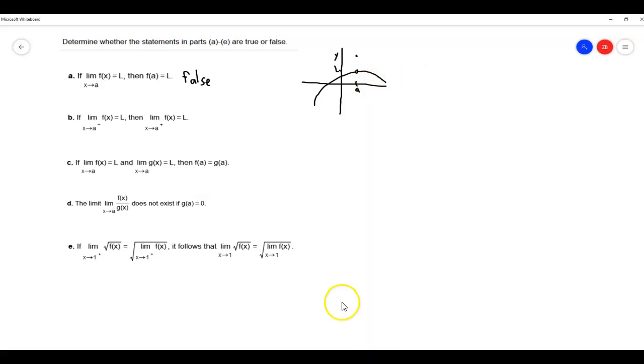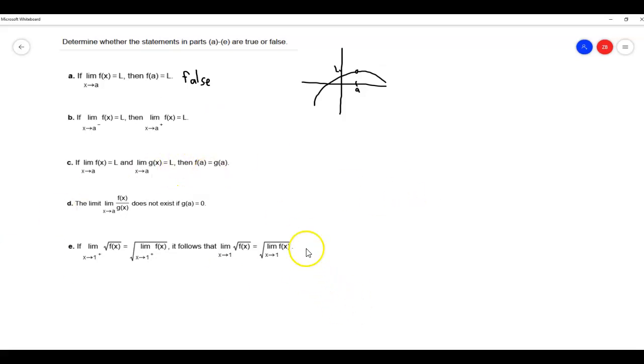The only other thing you could probably say is if we got rid of that, and there doesn't even have to be an a there because the limit still exists here, and in this case f of a would be undefined because we don't even have an x value for a, and in this case it would still be false. So either one of these two situations are the two that come right off the top of my head. So definitely a false statement because we can find a couple of counterexamples there.